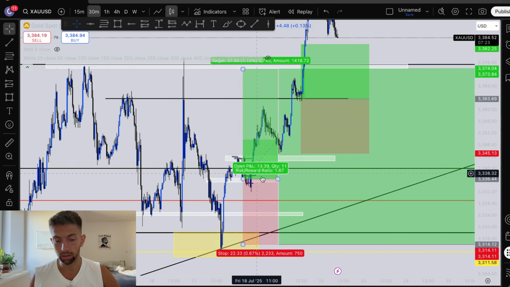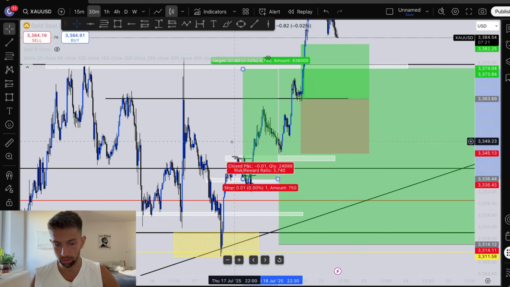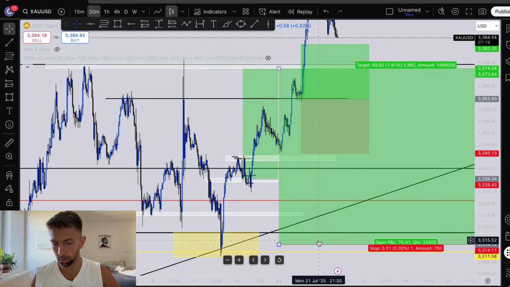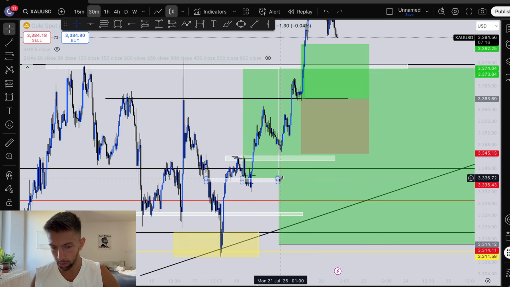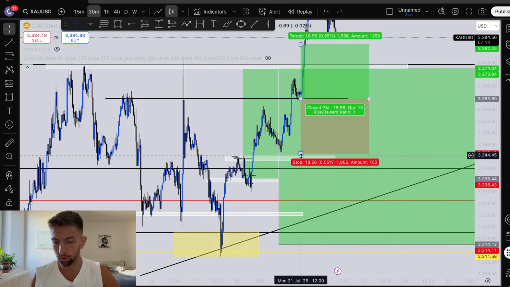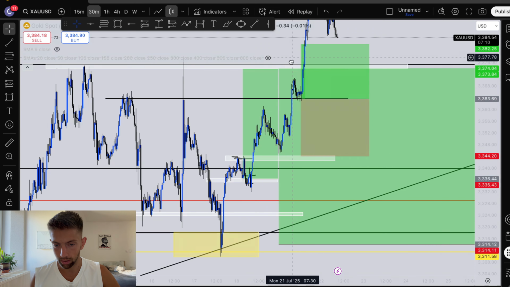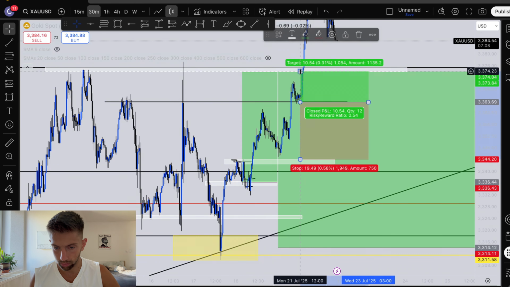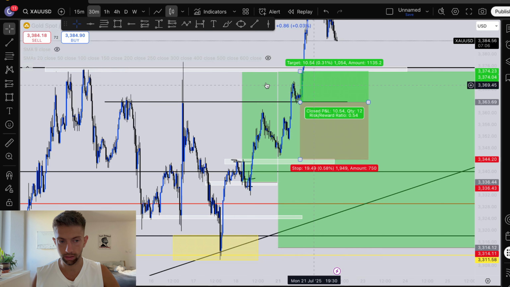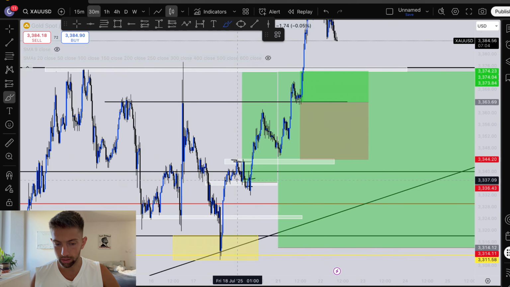And at this point, these stop losses were break even as well, okay? And these stop losses, I moved them here. So worst case scenario, and by the way, this stop loss went under this low, and target was here, which was only 0.5 R, but it's okay, it's scaling. So these positions were at zero, break even.